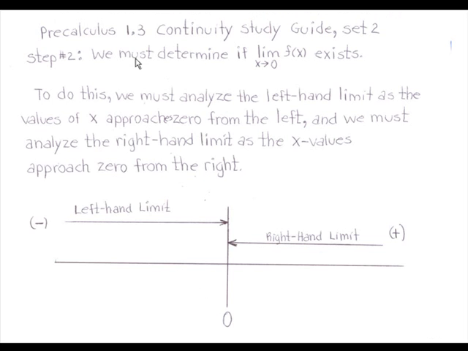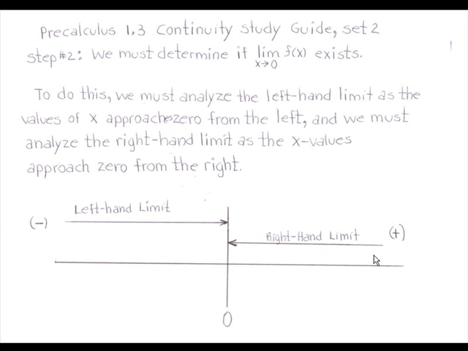Now we are at step 2. We must determine if the limit of f of x as x begins to approach 0 exists. To do this, we must analyze the left-hand limit as the values of x approach 0 from the left, and we must analyze the right-hand limit as the x values approach 0 from the right, as demonstrated here in this simplified drawing of the number line.